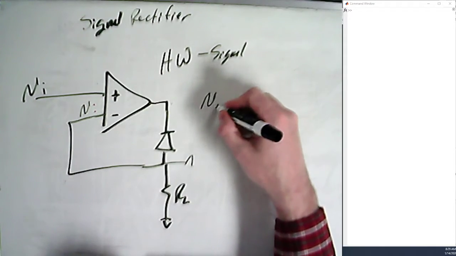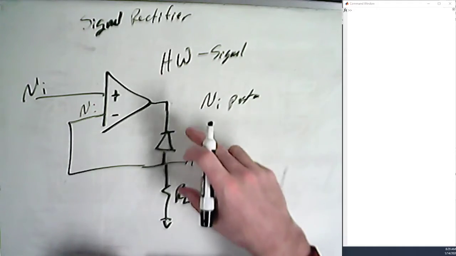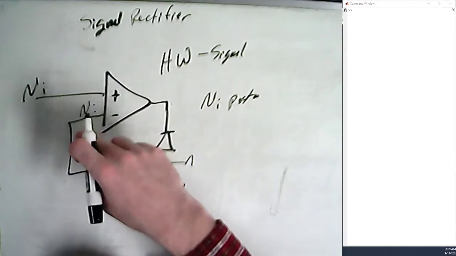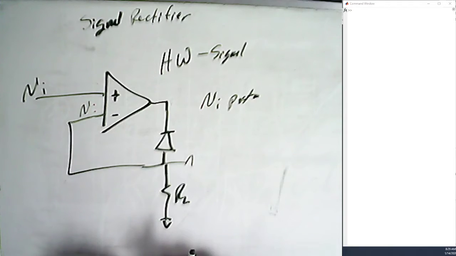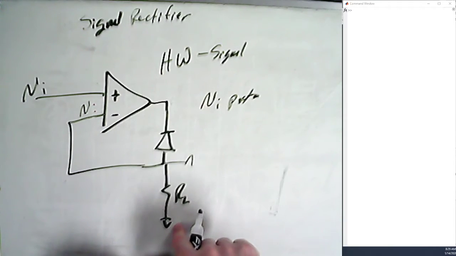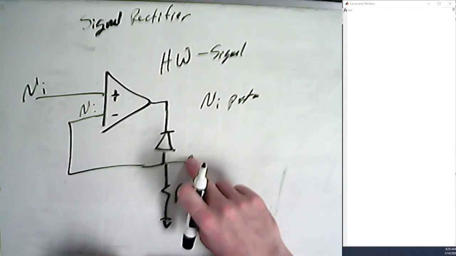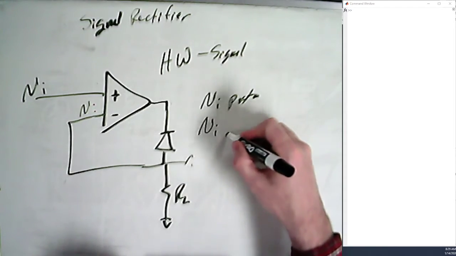Now, if V in is positive, no way, no how, is this guy going to be able to change this voltage high enough to overcome this diode. We change this voltage higher, this resistor blocks it from the other side, this becomes an open circuit, and this becomes 0.